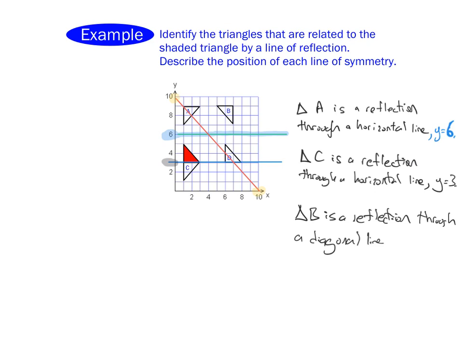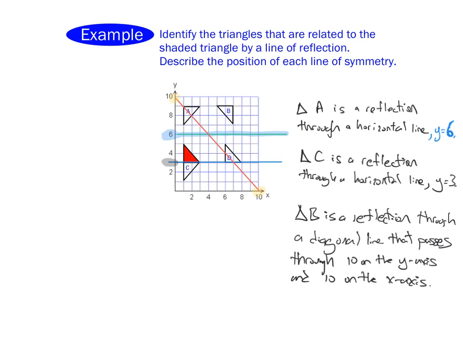So we'll say that triangle B is a reflection through a diagonal line that passes through 10 on the y-axis and 10 on the x-axis.